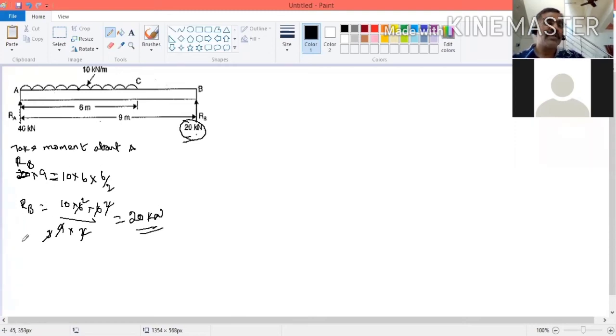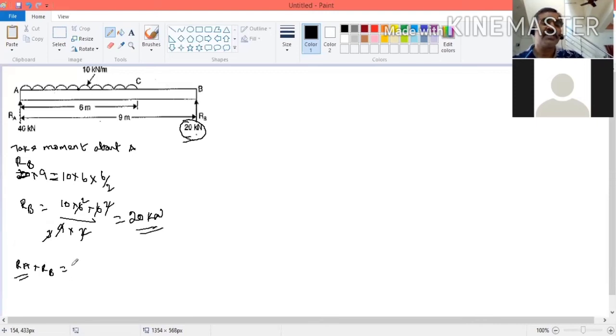Similarly, if you want to find RA, you can use two methods. One is you can take moment about B, or net downward force equal to net upward force. In both cases you can use. Now we will use the force equilibrium equation. RA is acting upward, RB is also acting upward, and that is equal to this force.